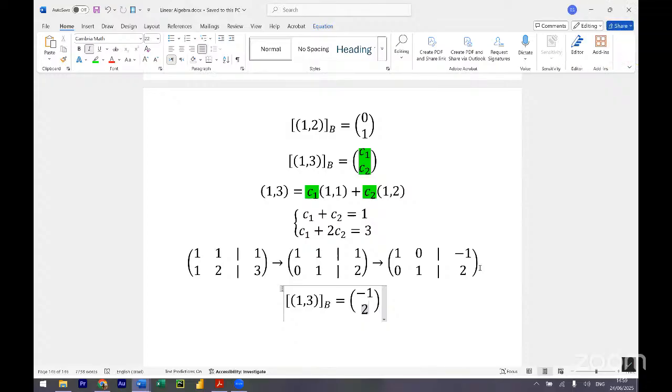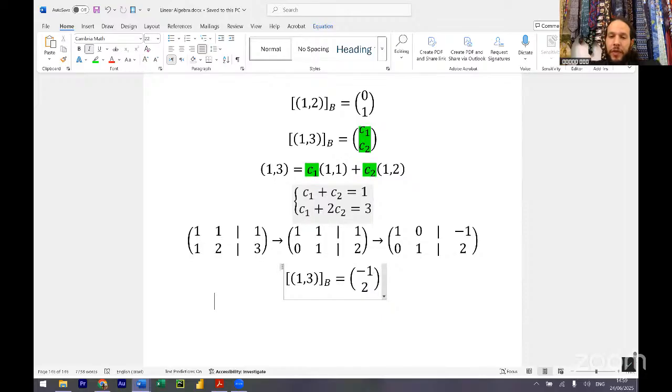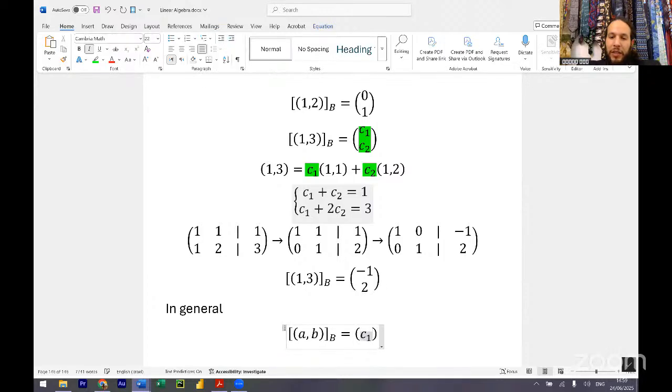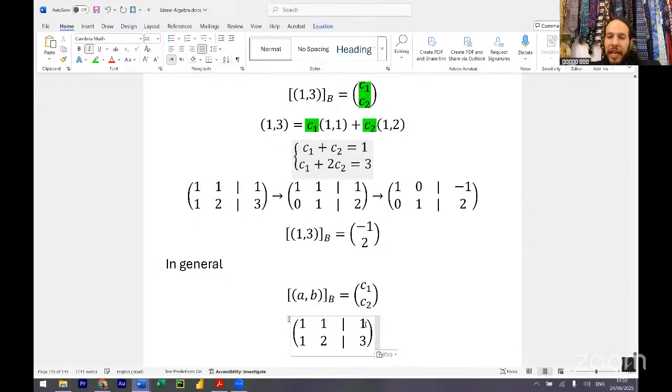Let's calculate the coordinates here in general. In general, if the coordinates of AB are C1, C2, then we jump to the matrix, and we get AB here.